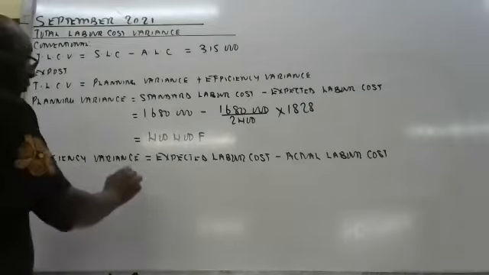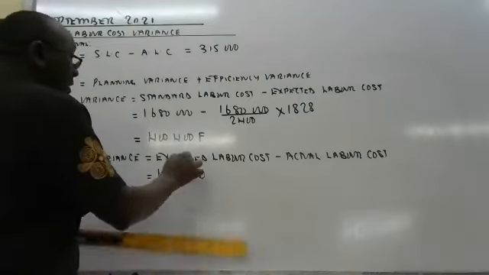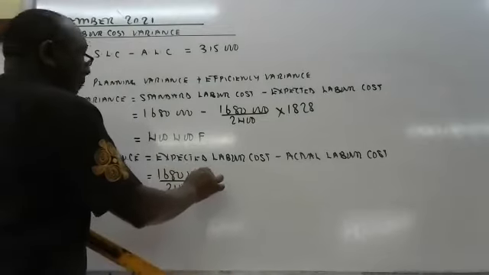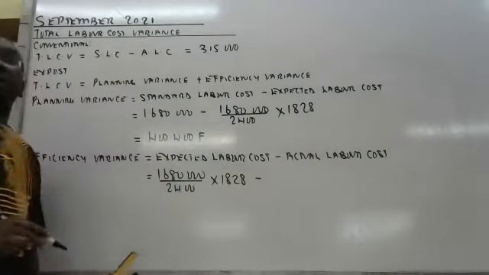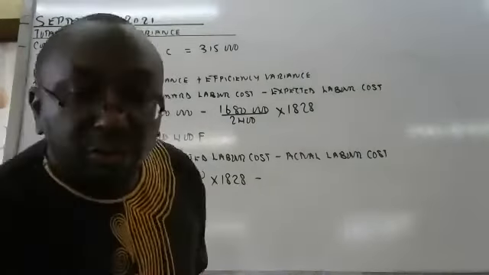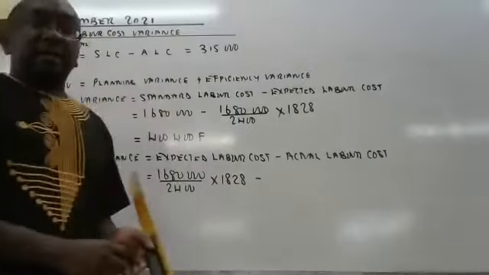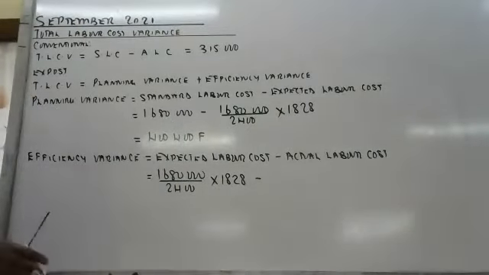So the expected, we already have it as 16,800, which is divided by 2,400, multiplied by 1828. You minus the actual.